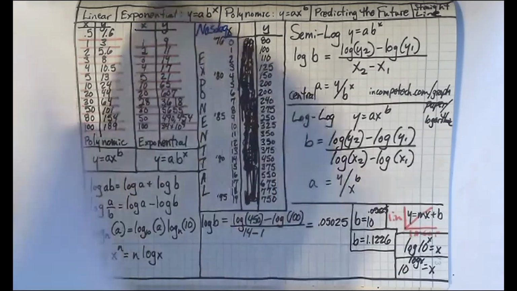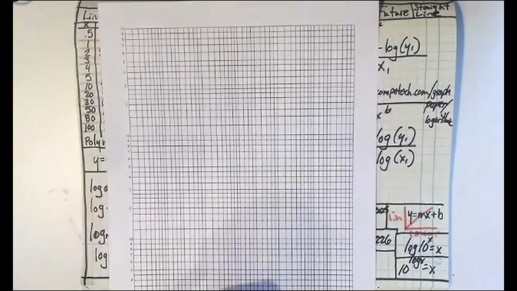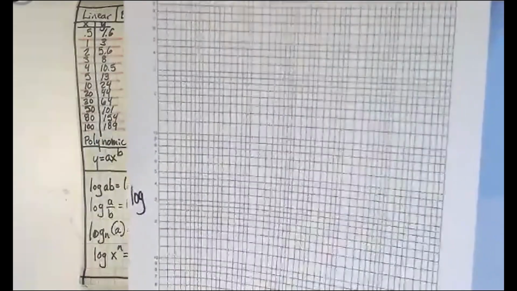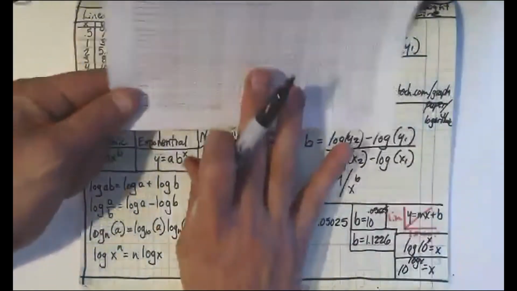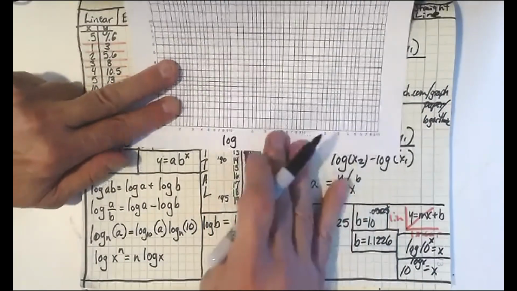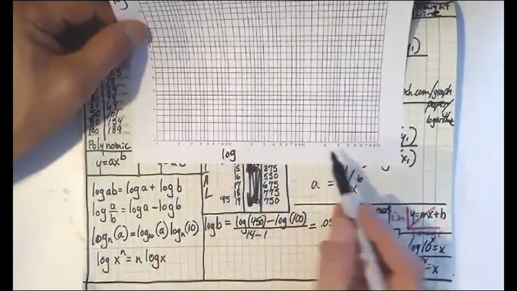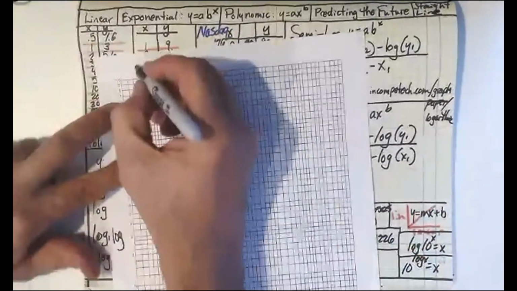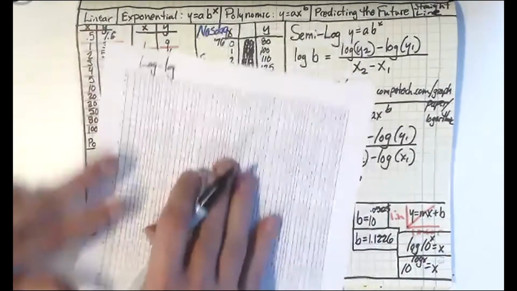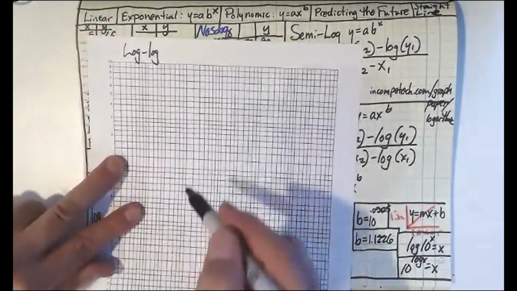I also want to show you this paper too, because here we've got a log scale on the y-axis, but you've also got a log scale on your x-axis. And so this, of course, is called log paper. You're going to plot something off on this too.